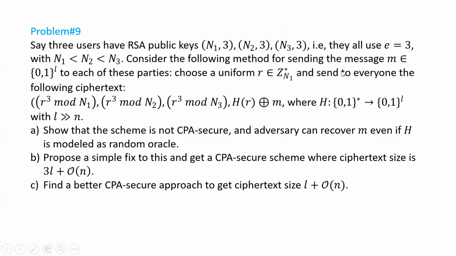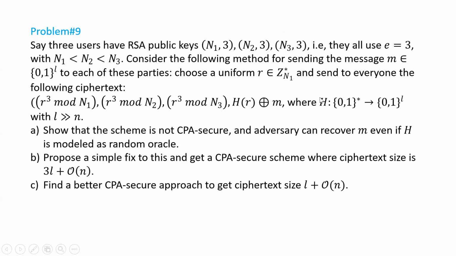It takes some random binary string and outputs some fixed length binary string which is uniformly random over the output space. Okay, so anyway, you can think of it as some key derivation function. Now L is much greater than n. Now the question is to show that the scheme is not CPA secure and the adversary can recover M even if H is modeled as random.